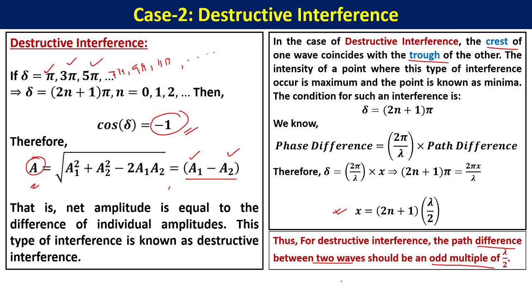If it is an odd multiple of lambda by 2, you get destructive interference. In constructive interference there will be reinforcement of intensity, or intensity will increase further. In destructive interference there will be a decrease of intensity, and the resulting intensity may even become zero. We will see that pictorially in the next couple of slides.